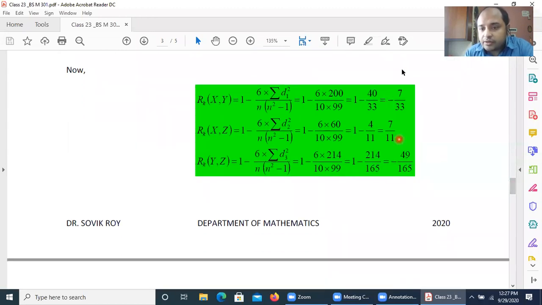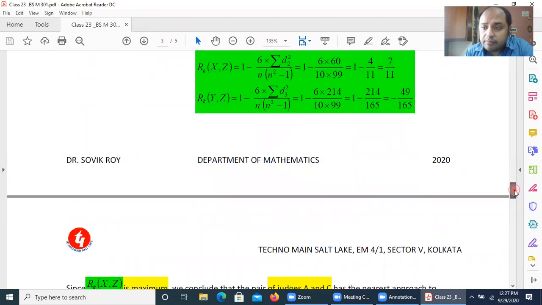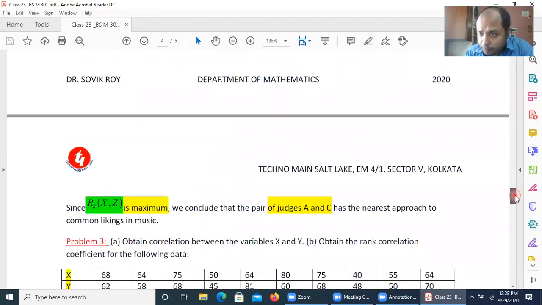Here, since this is the only positive item, it is easy to find the maximum. If all the items are negative, you have to find the maximum among the negatives. The maximum rank correlation coefficient is pointed out.